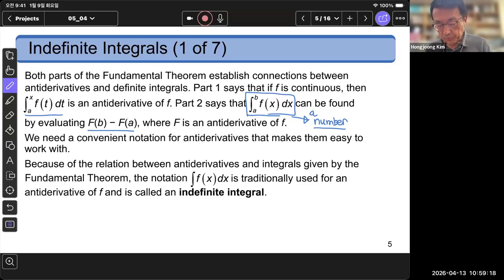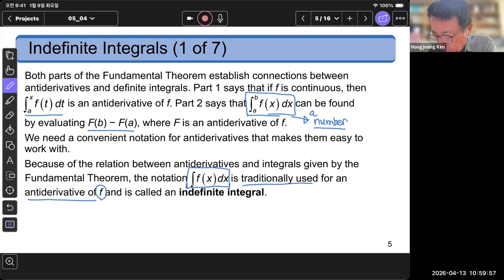In order to express just an antiderivative only, not the value on a certain interval, we sometimes use this notation here without limits. Here in this notation, the lower limit and upper limit are omitted, and we just have this elongated S with f of x dx. This notation is usually used to represent an antiderivative of f.